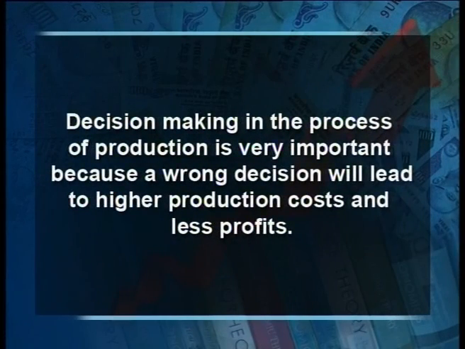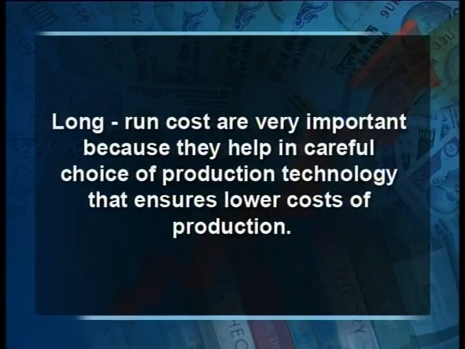Decision making in the process of production is very important because a wrong decision will lead to higher production costs and less profits. Therefore, the long run costs are very important because they help in careful choice of production technology that ensures lower costs of production.